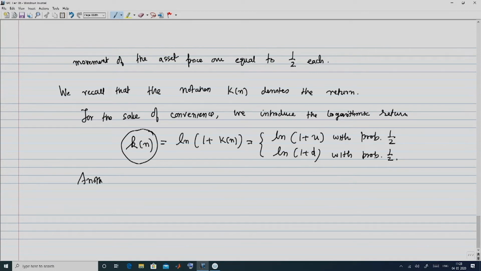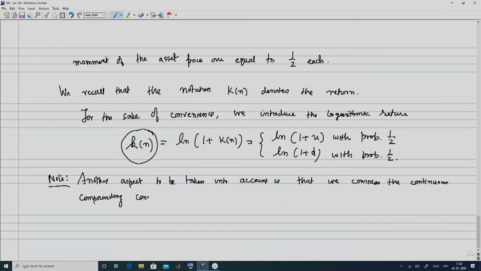Now, I will make another observation here. Another aspect to be taken into account is that we consider the continuous compounding convention.